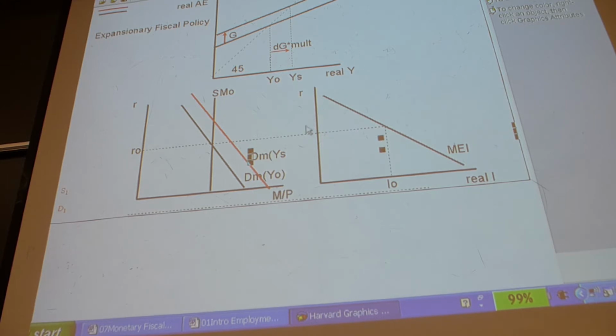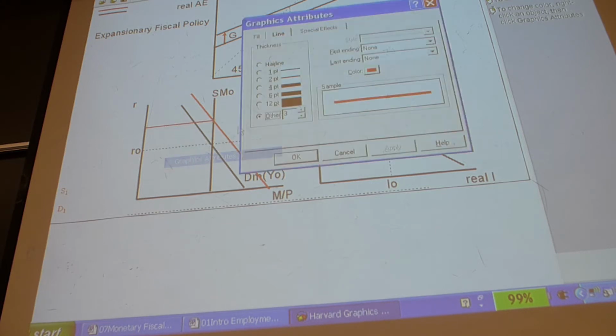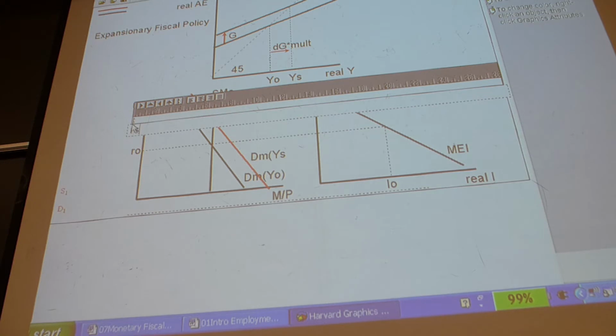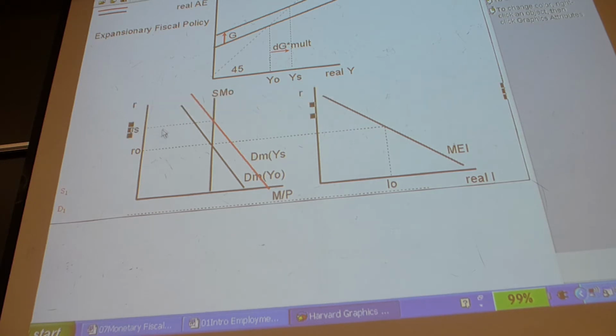So they bid up the interest rate to here. Call it RS. You'll see there's a reason for doing that later.